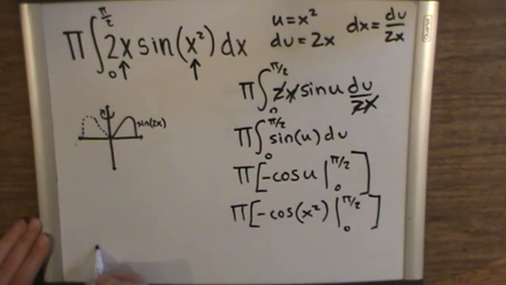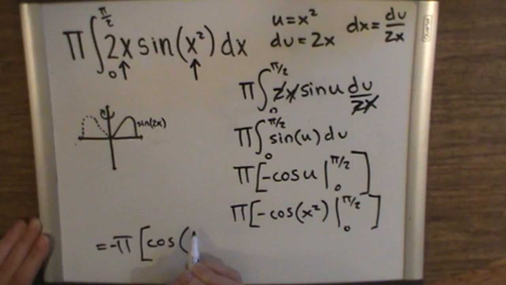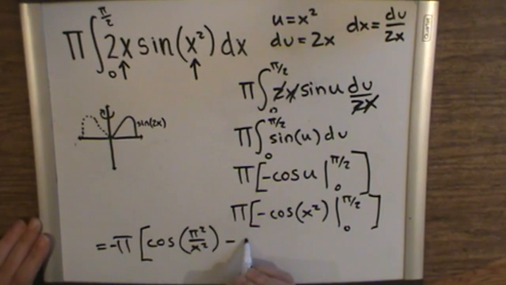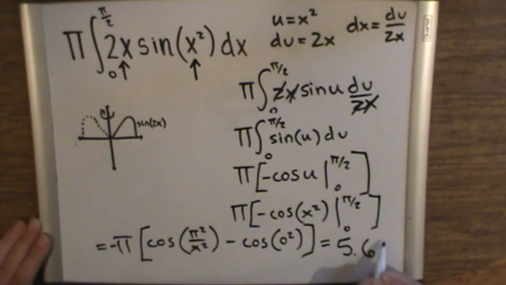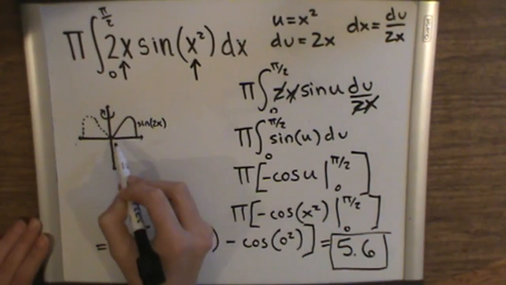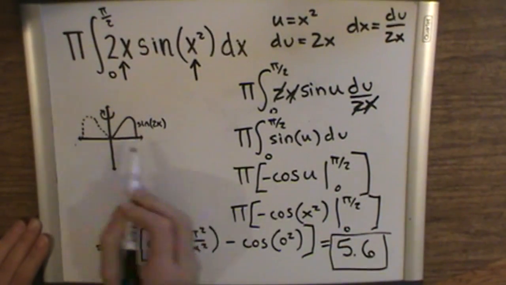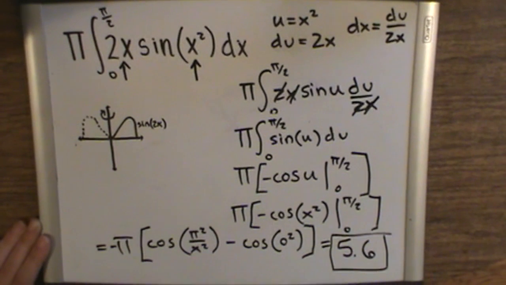When this is written out, you get pi, and we can take out the negative, times the cosine of pi squared over 4 minus the cosine of 0 squared. And when you calculate this out, you get 5.6 as the volume of sine of x squared rotated around the y-axis.